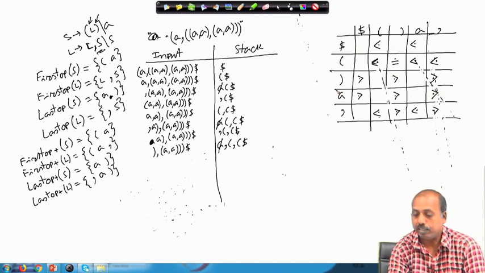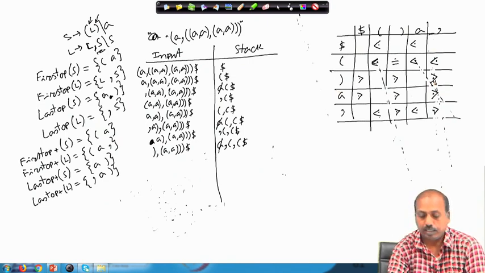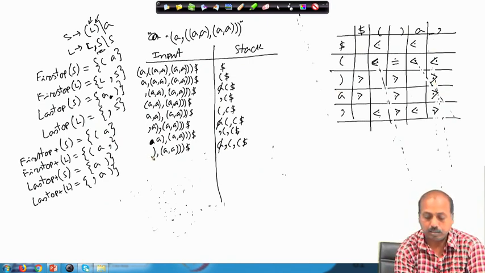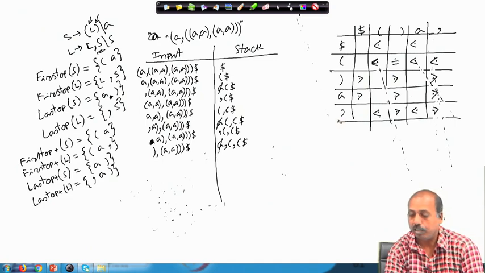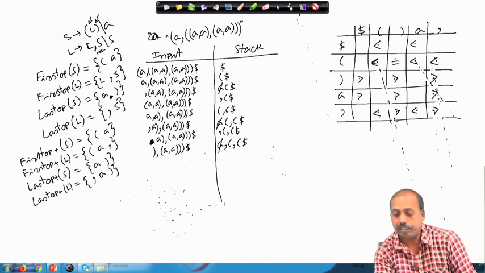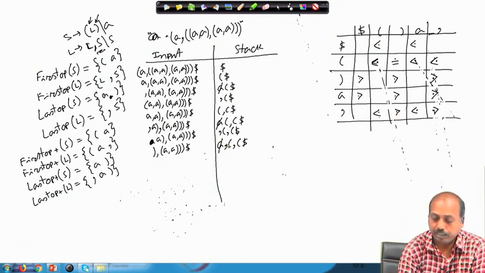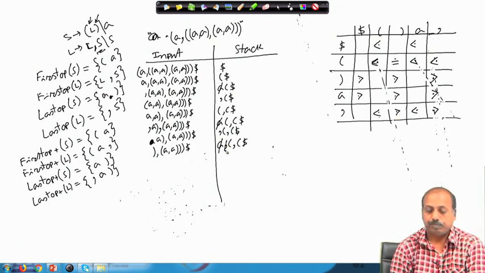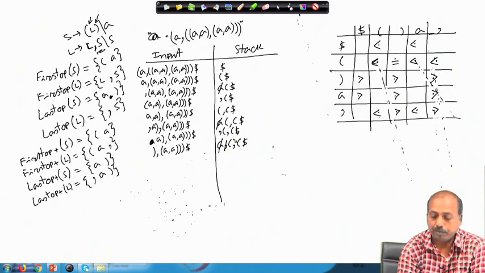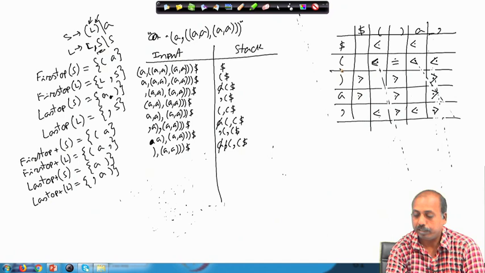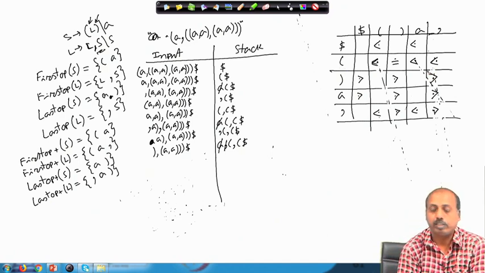Comma is of higher precedence than close parenthesis, so comma will be taken out from the stack. Now, I have open parenthesis and comma. Open parenthesis is of lower precedence than comma, so the popping process stops.